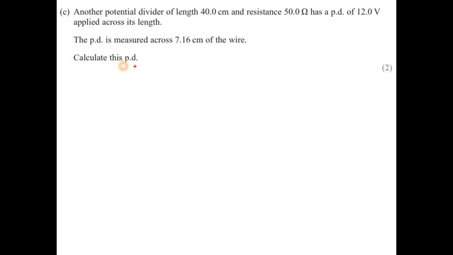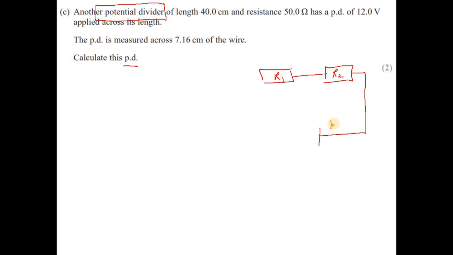Calculate this potential difference, because this is talking about a potential divider circuit. So in the potential divider circuit, what do we do? For a simple circuit, we consider one resistance R1, in series we have R2, and we connect it with the power supply.